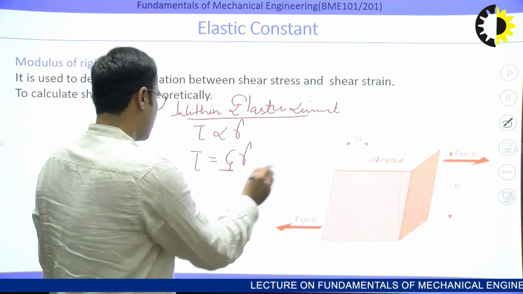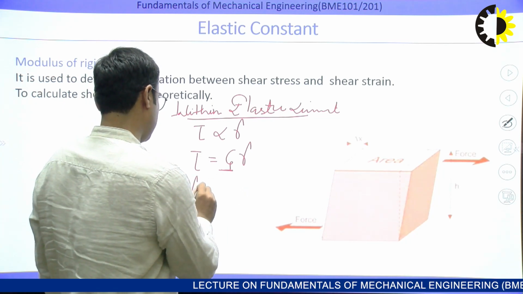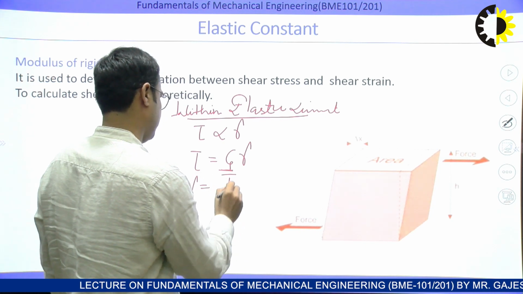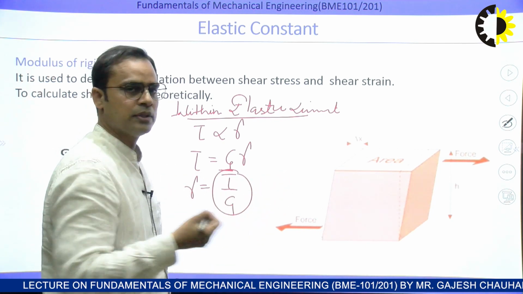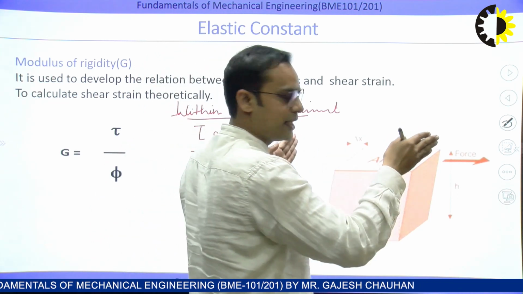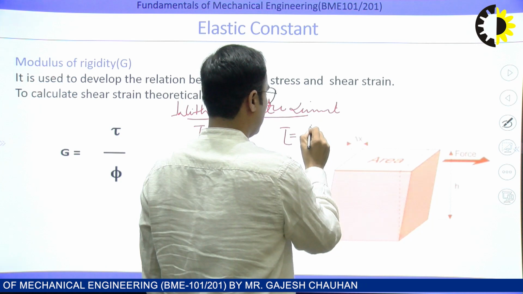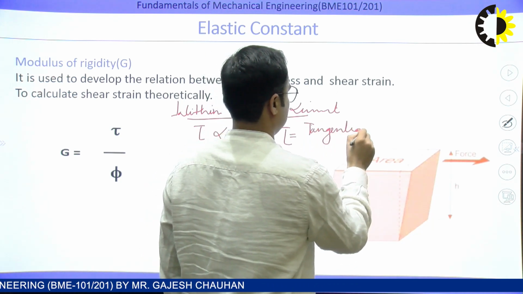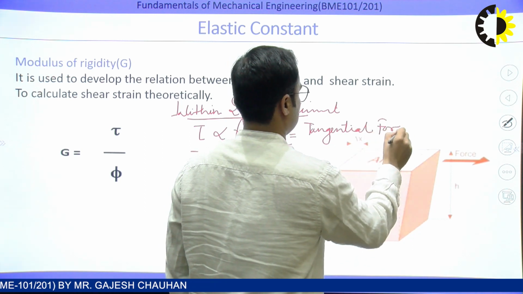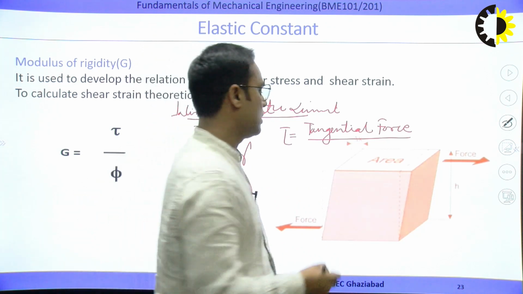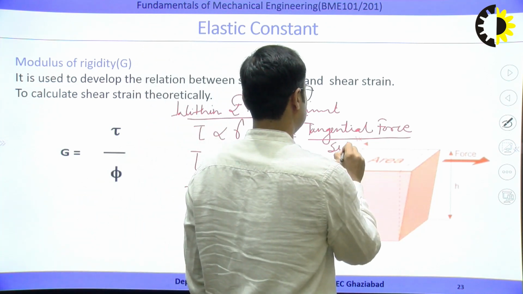Okay, so we can calculate shear strain theoretically here, that is tau by G. The value of tau is known to us. How can we calculate tau? If the force is tangential to the surface, the tangential load, and which area do we have to consider? The area which is parallel to the tangential load, or surface area.